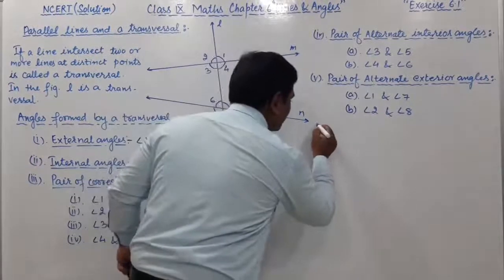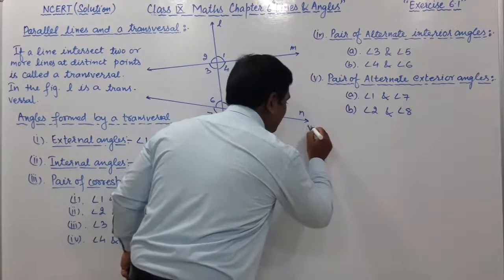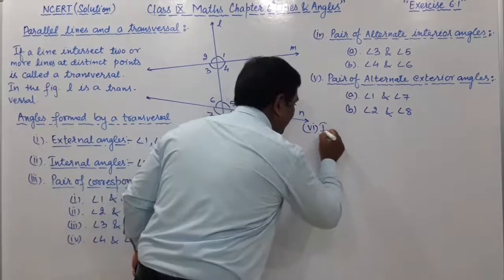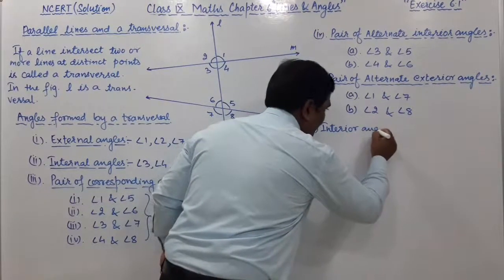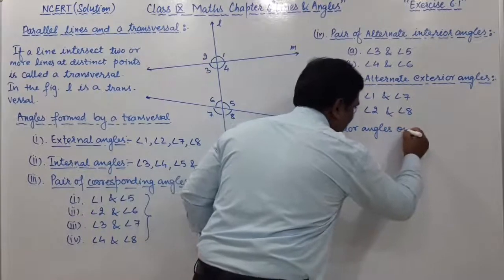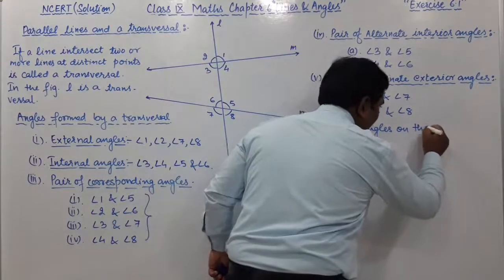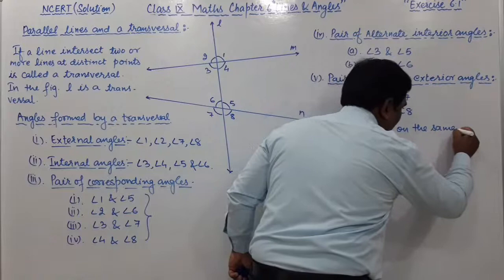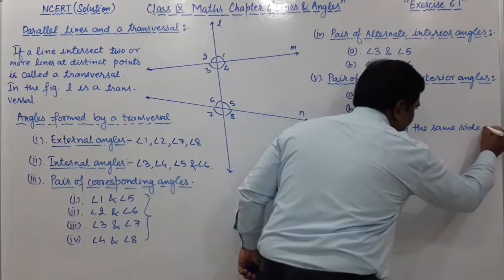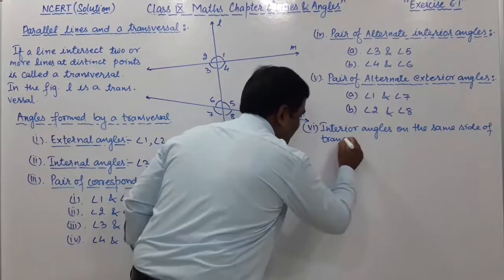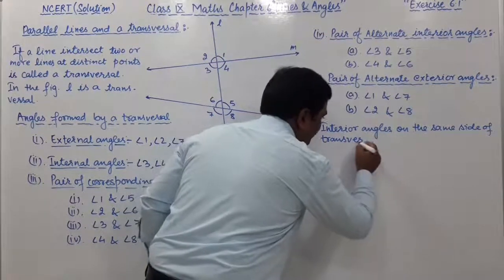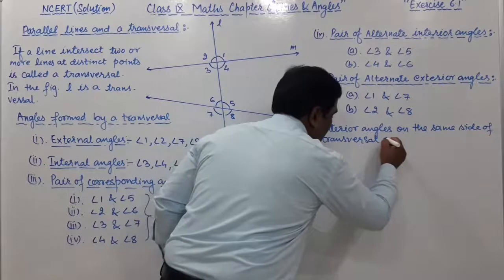Okay. So, sixth part, interior angles on the same side of transversal. So, how many pairs of this?